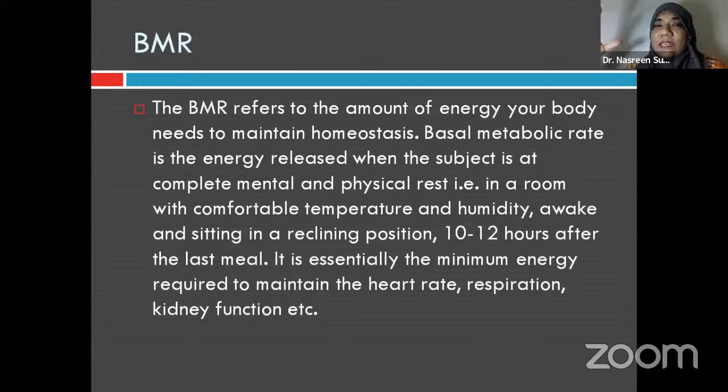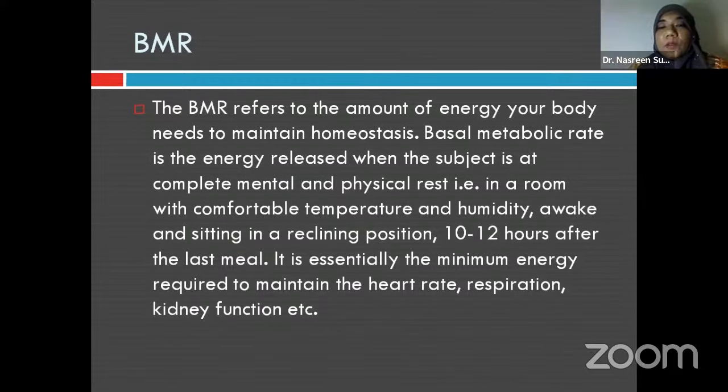But a few people maintain a good diet, and even if once or twice they eat some junk, immediately they start gaining weight, right? That is because of the difference in their BMR. So a person who has high BMR is very active. High energy has been released from his body.